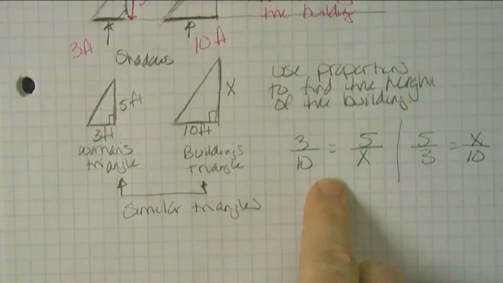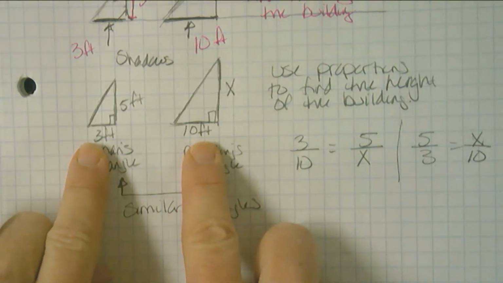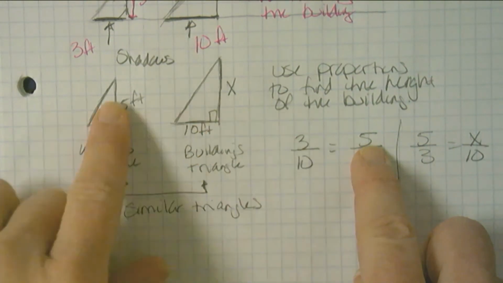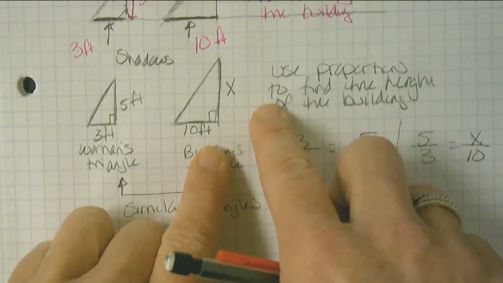How did Annalisa set hers up? What is she using to create her fractions in that first one? Nick? She's using her corresponding sides to create the fractions, which means the numerator needs to be from the same triangle, the small one, or the woman. The denominator needs to be from the same triangle, my building.